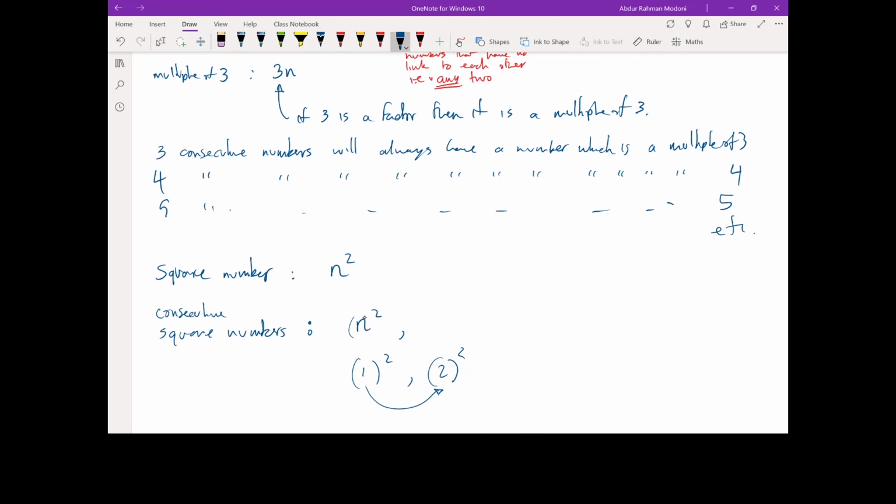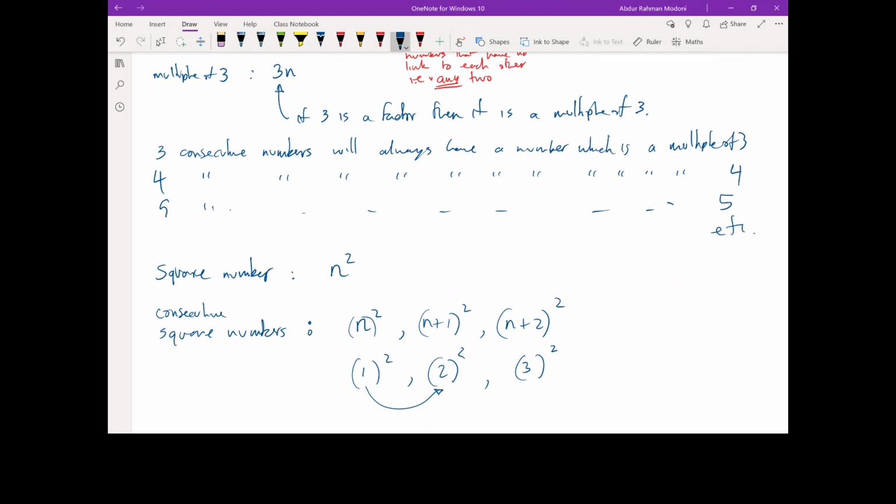Thank you. Say that again. What's the next one after that? These are consecutive square numbers. Does that work? 1 squared. The next one would be 2 squared. The next one would be 3 squared. You get the idea. 1 squared is 1, 2 squared is 4, 3 squared is 9.